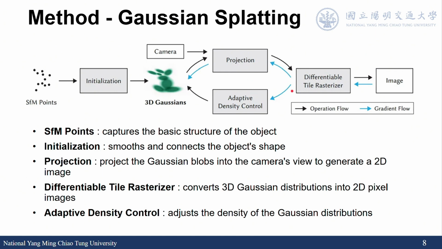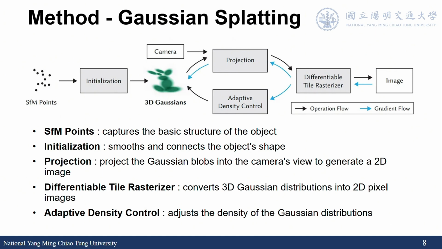In the rasterization rendering step, each 3D Gaussian distribution is transferred into a renderable pixel, generating a 2D image that visually represents the 3D Gaussian model from a given perspective.